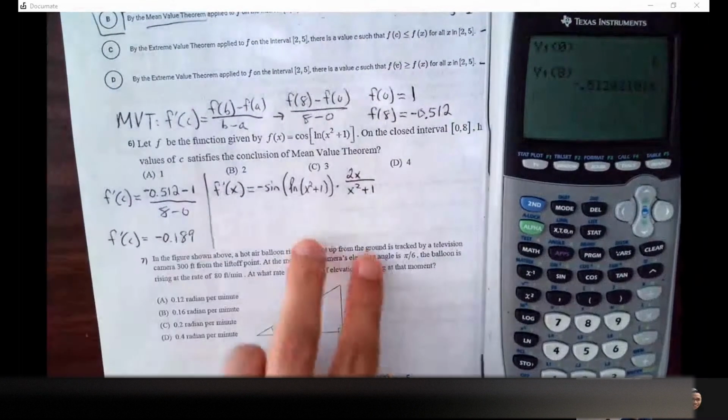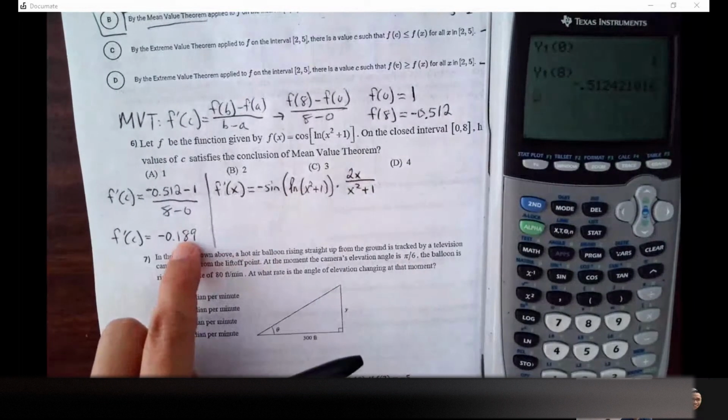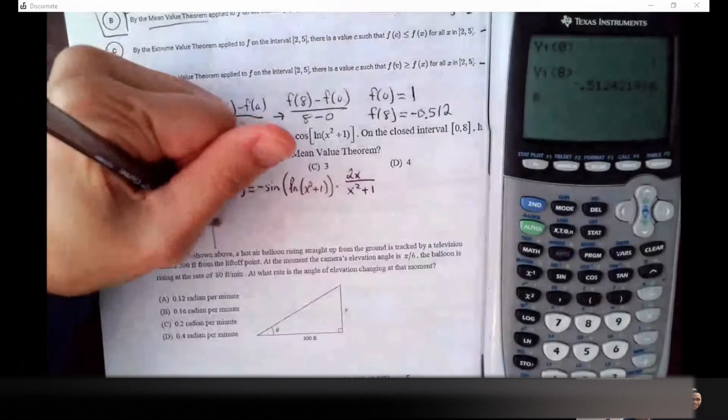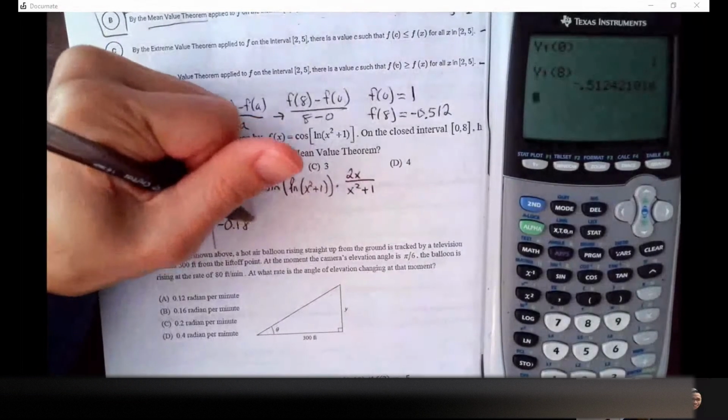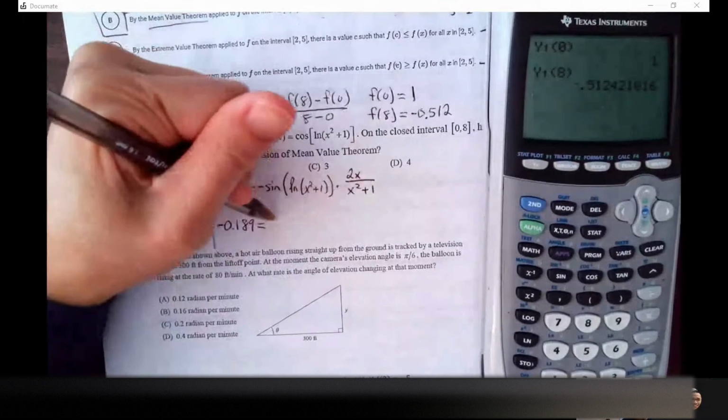So we want to find out when this derivative is equal to this value. Right, so we set them equal to each other. I'll clean this up a little bit.